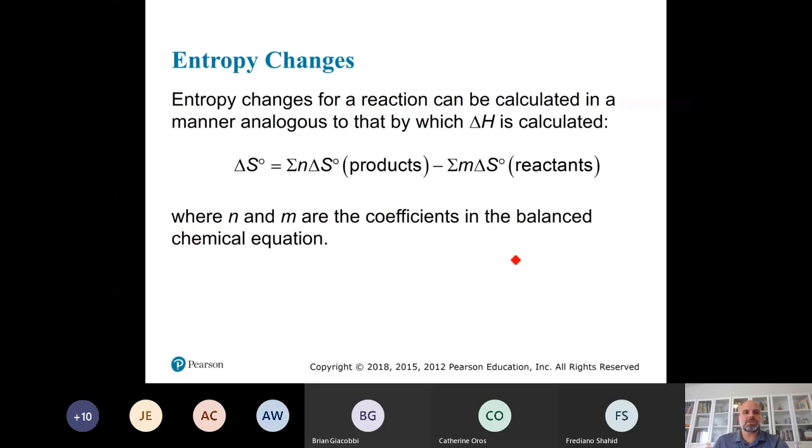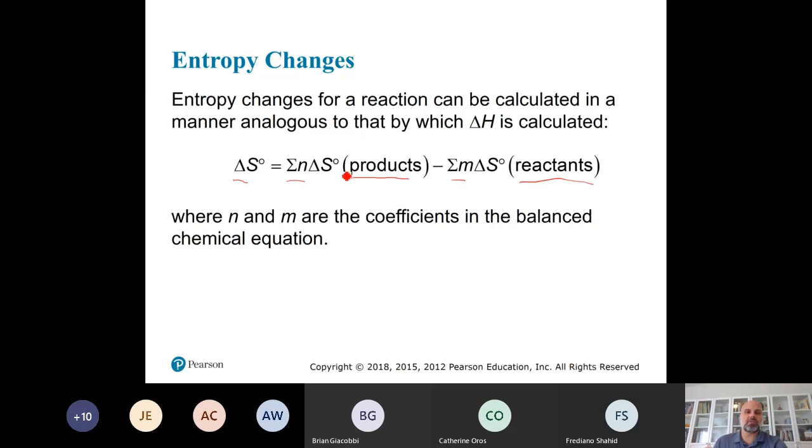Okay, entropy changes. Entropy changes for a reaction can be calculated in a manner analogous to that by which delta H is calculated. If you remember back when we talked about the enthalpy, delta H, of our reactions, delta H was equal to the summation of all of the enthalpies of our products minus all of the enthalpies of all of our reactants.